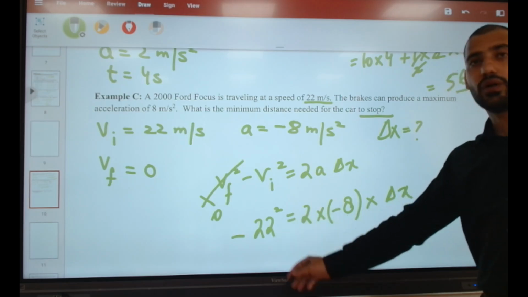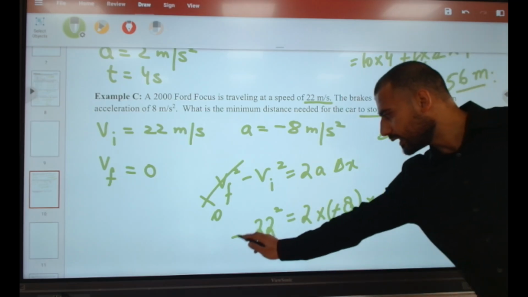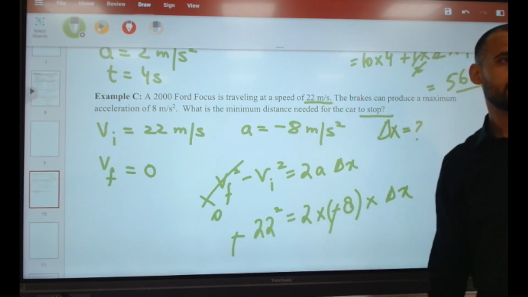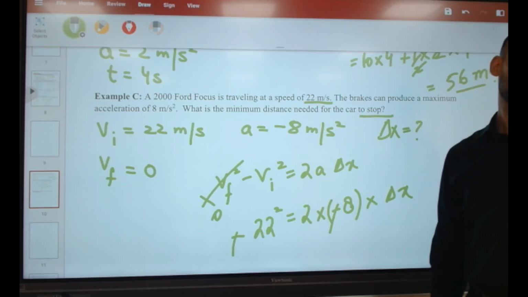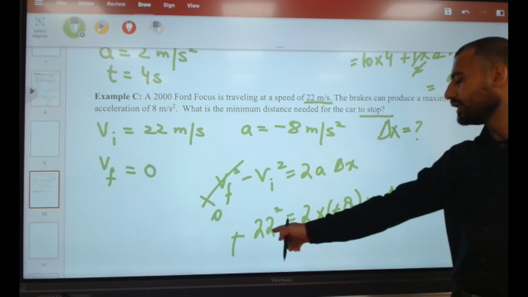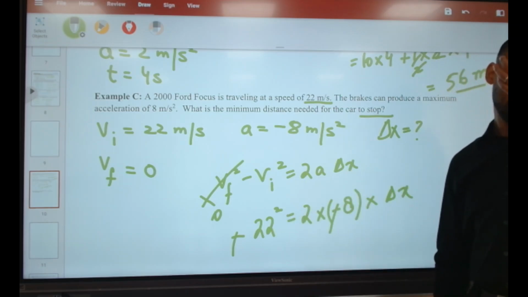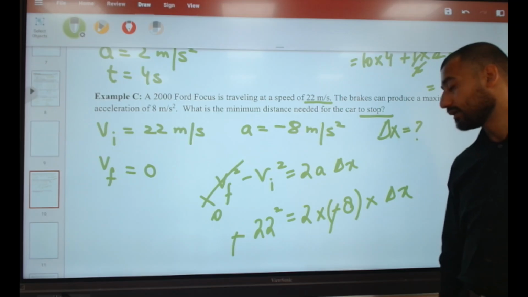Multiplied by delta x. So we have to find delta x. See, negative and negative cancels out. Is that fine? Or you use your calculus. So just tell me the result. 22 squared upon 2, how much is that?